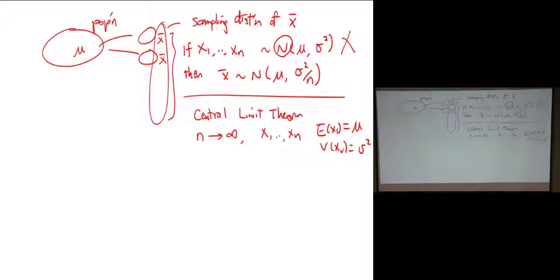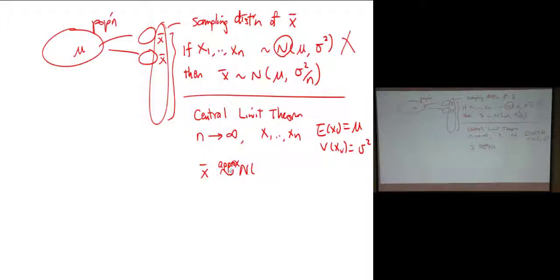Of course, there are other forms of the central limit theorem which handle different conditions, for example, the sigma square can be different. And with all this, we say that x bar is approximately normal.